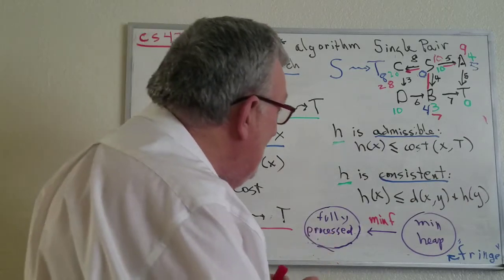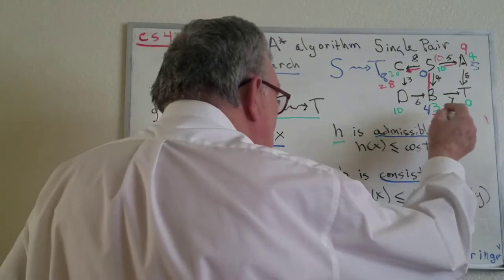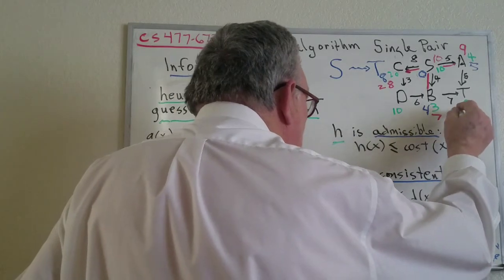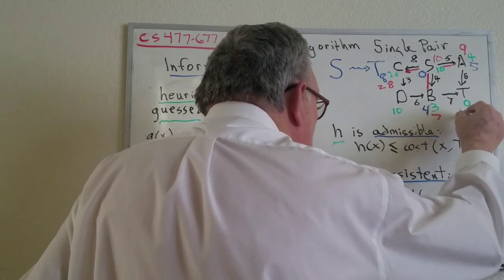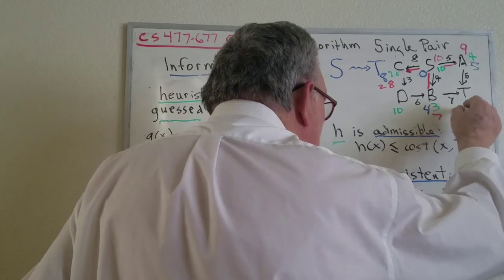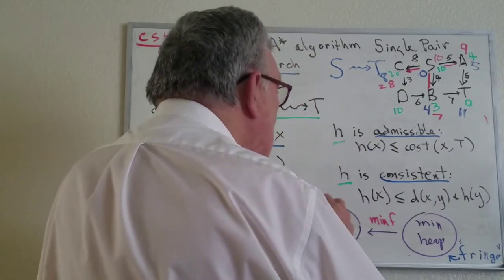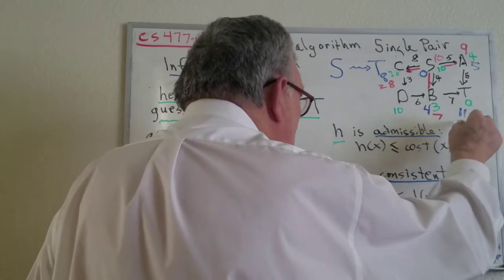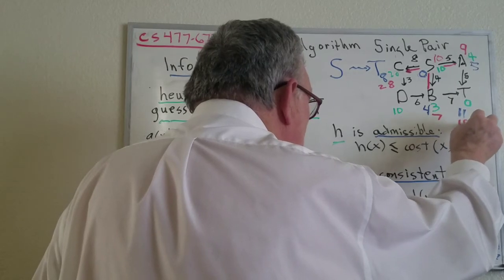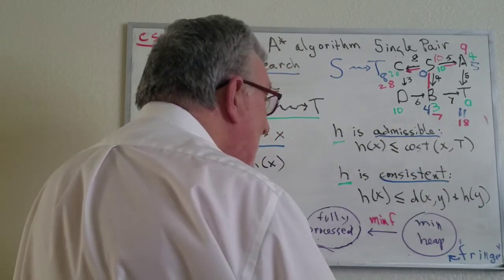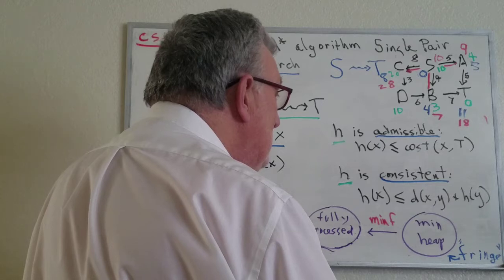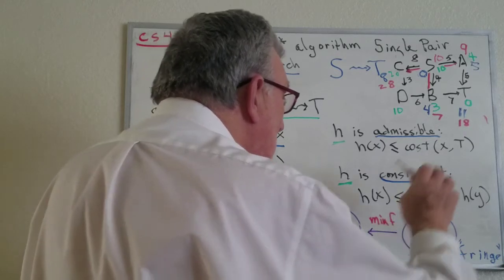Now the out neighbor of B, there's only one of them, which is T, and so we get an actual cost value of 11, which gives me an estimate value of 11.